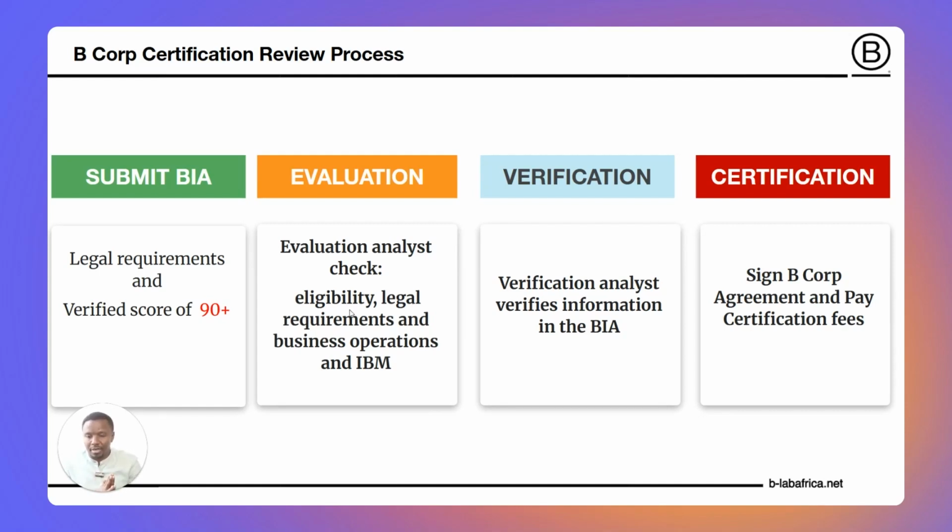What happens at evaluation? A couple of checks happen here, to check your eligibility. I'm sure in a different session this has been covered. We'll check to make sure that you are a for-profit business, that you have operated for at least a minimum of a year and you're able to provide us with audited financial books of accounts. Third, that you will be recertifying in your third year.